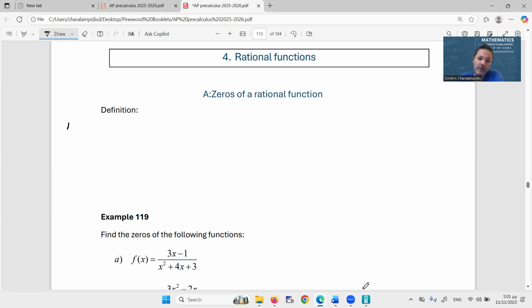A rational function is a function that is expressed as a fraction of polynomials.